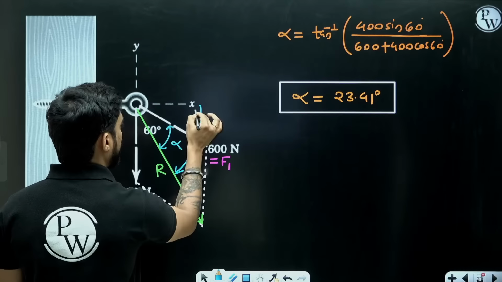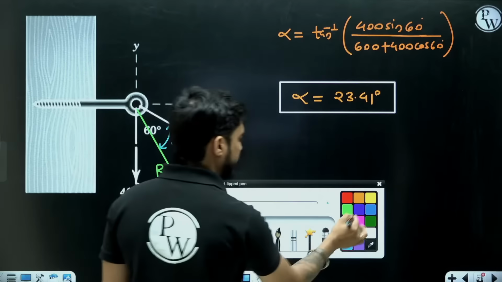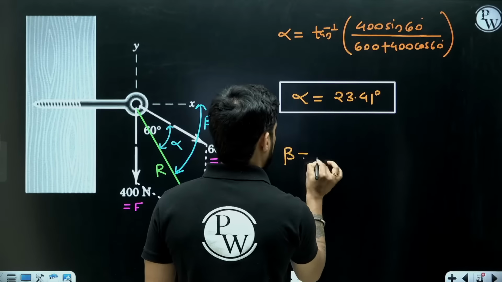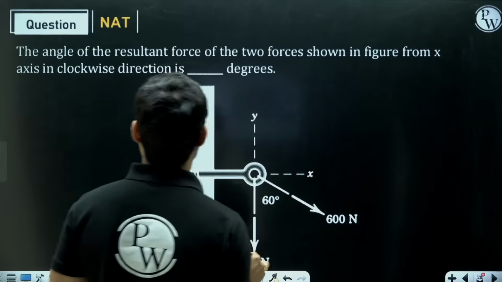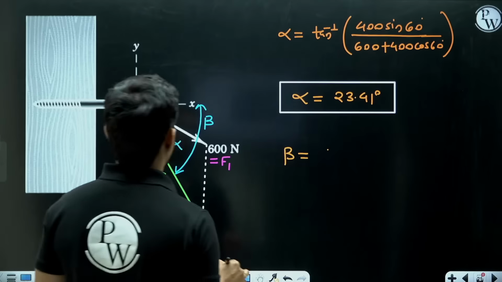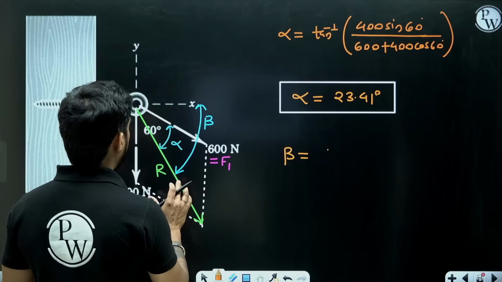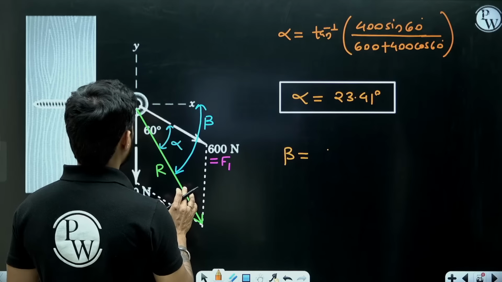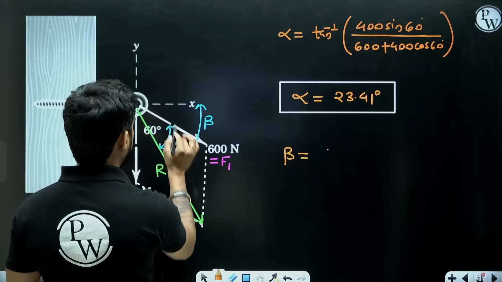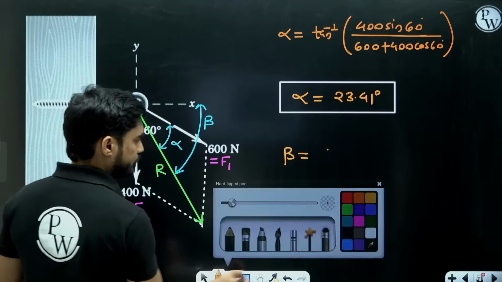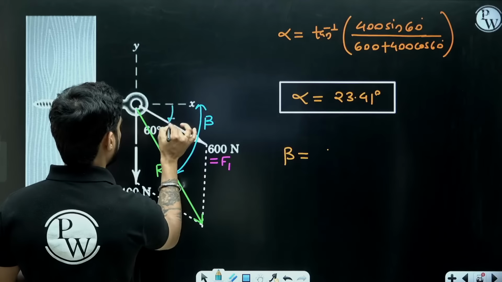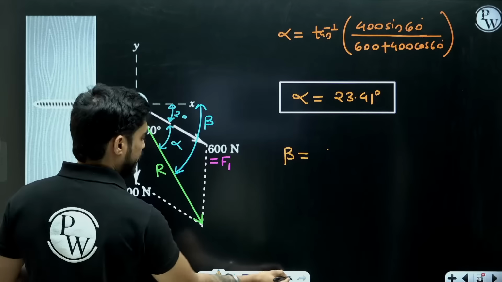x-axis and R. I want to find this beta. So beta will be equal to how much? Whatever you are getting alpha plus this 30 degree.